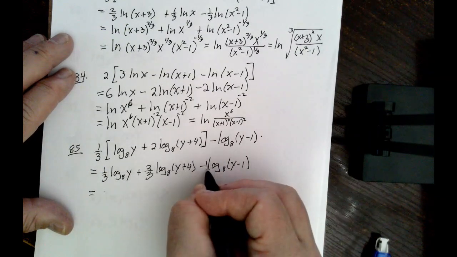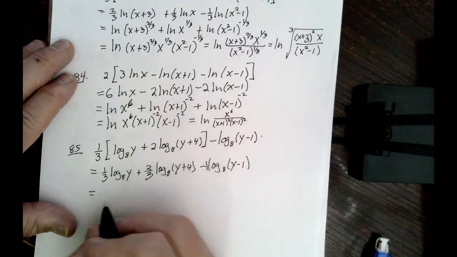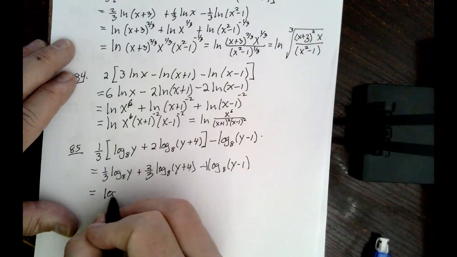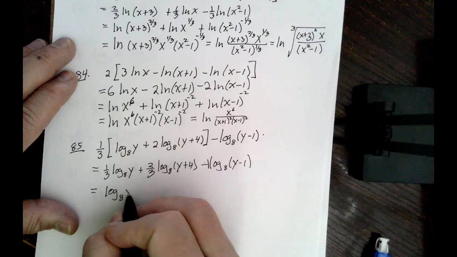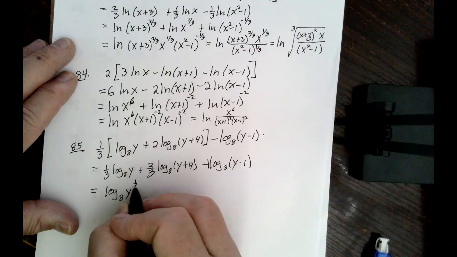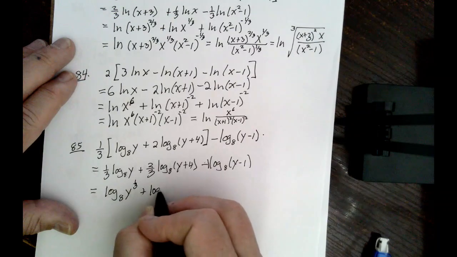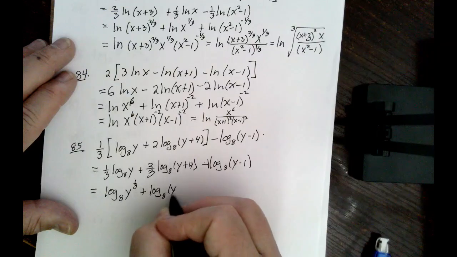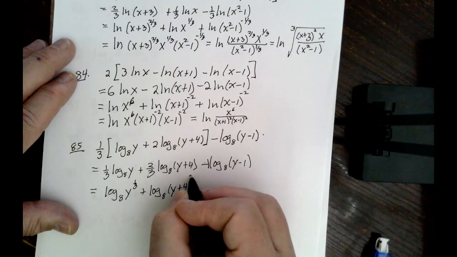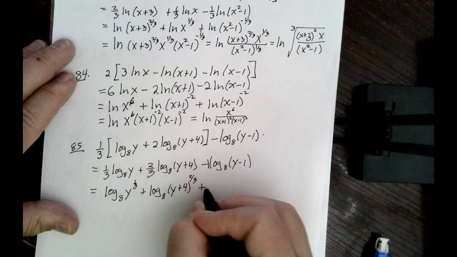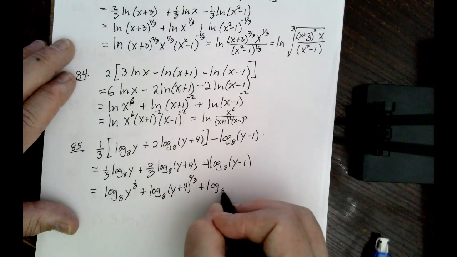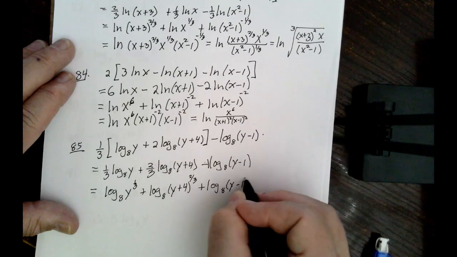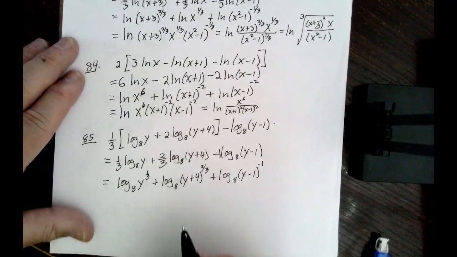Remember, there's a 1 there, so you can put a negative 1 in the exponent. So you get log base 8 of y to the 1/3 plus log base 8 of y plus 4 to the 2/3 plus log base 8 of y minus 1 to the negative 1/3.